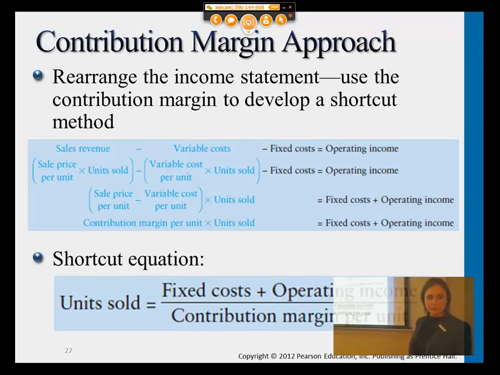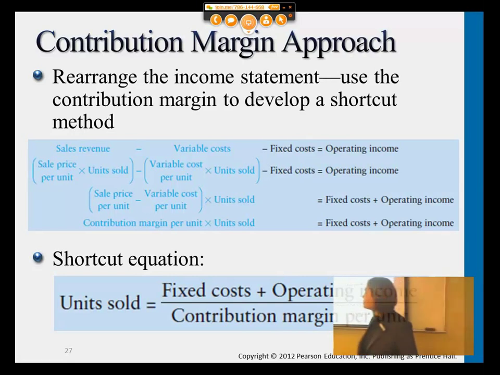No? Okay. Contribution margin per unit is the same as contribution margin, like it's the sales revenue minus the variable cost? Or do you have to divide it by the units? No, when you say contribution margin per unit, it means per one unit.